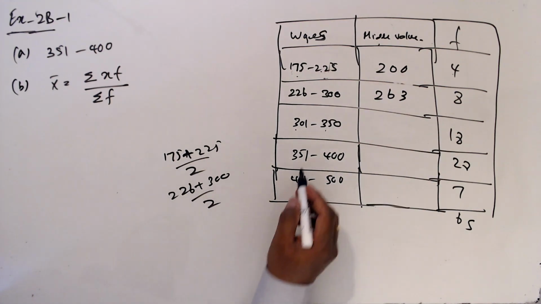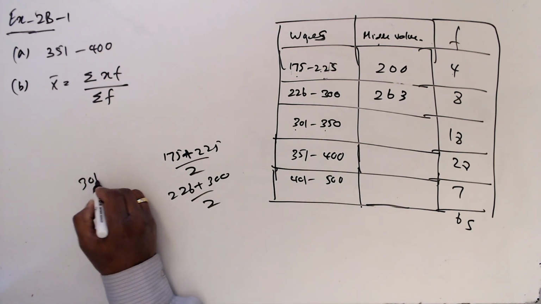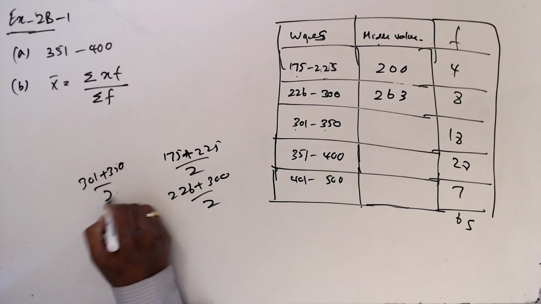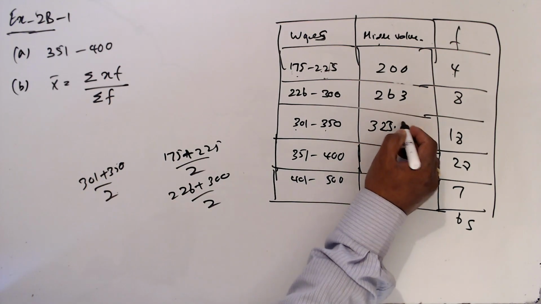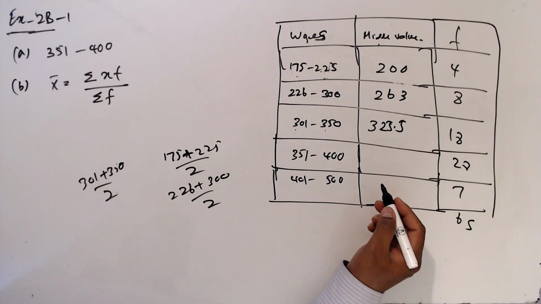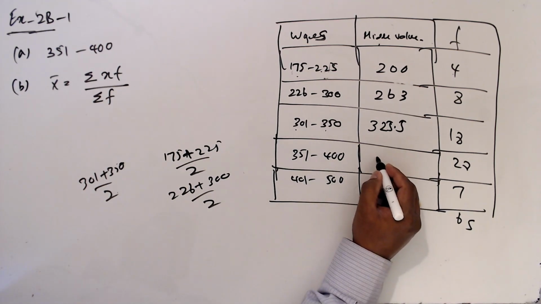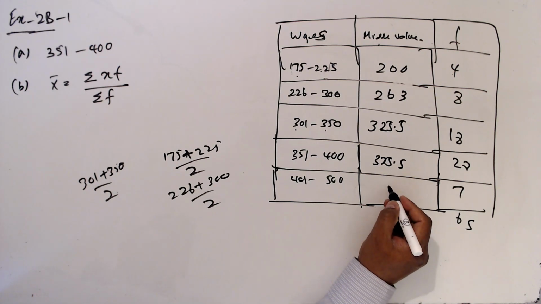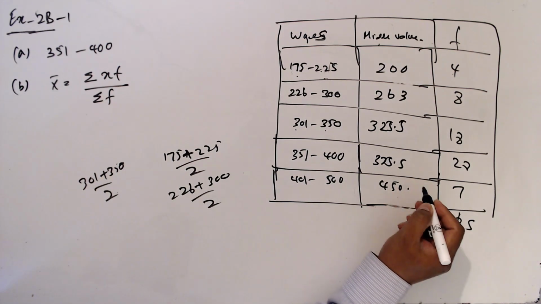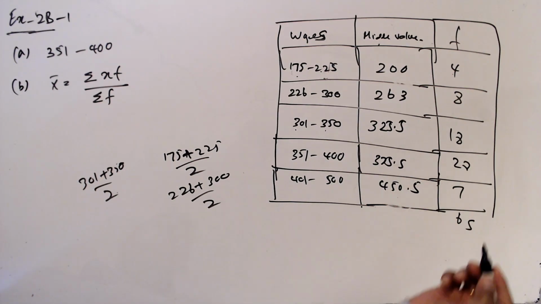And when you add 301 plus 350 divided by 2, this value is going to be 325.5. And likewise, the next value is 375.5. And then the other value is 450.5.